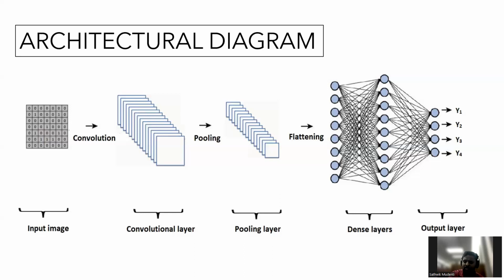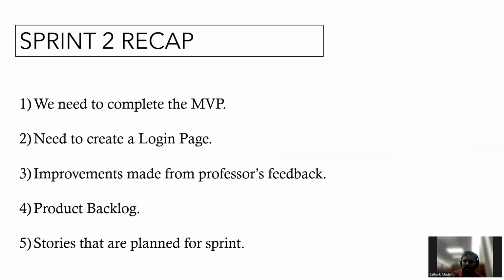Then the following step is flattening. It's simply a process of converting data into a preferable dimension so that the information can be passed to the next operation. So this is the whole thing about our architecture diagram, and these are the things that we implemented as part of our Sprint 2.